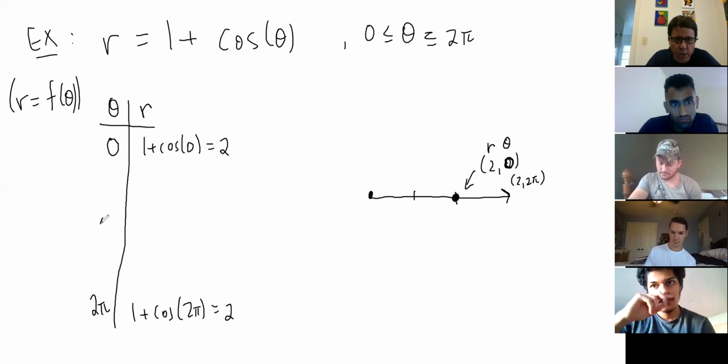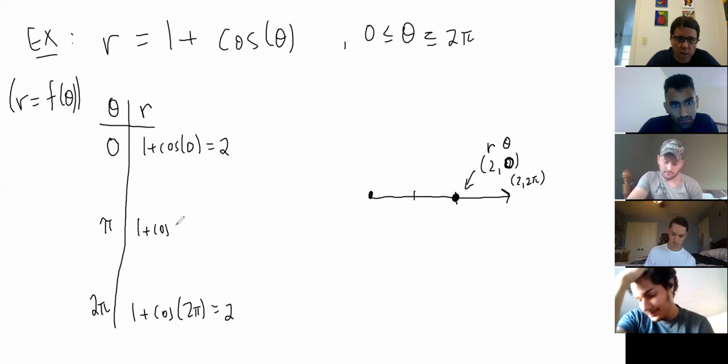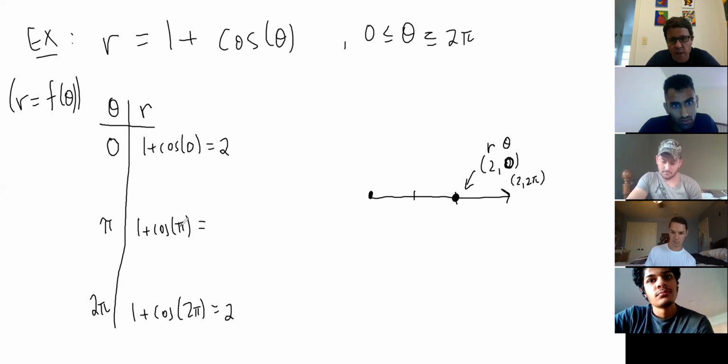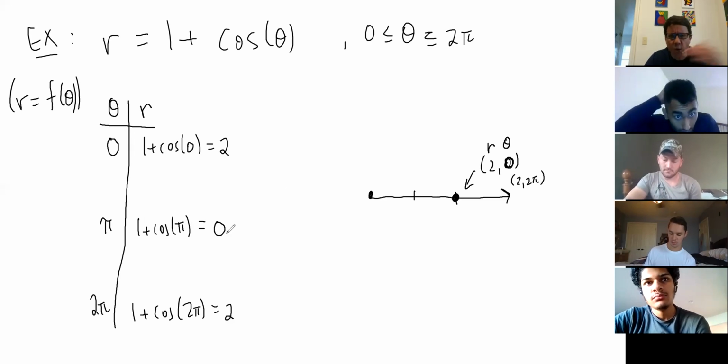Say 180 degrees. In my picture, I'm going to rotate around to 180 degrees. I'm looking to the left. How far out do I go? That's what the radius means. So I'll get 1 plus cosine of pi. Cosine of 180 degrees, or cosine of pi, is negative 1. So I'll have 1 plus negative 1, or 1 minus 1, which is 0. Which means I don't go out any units.